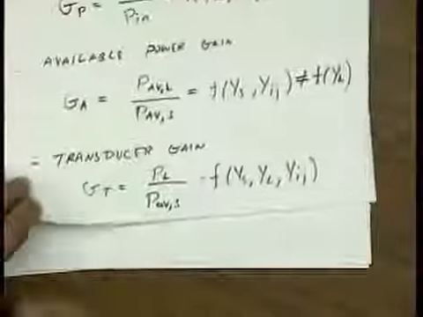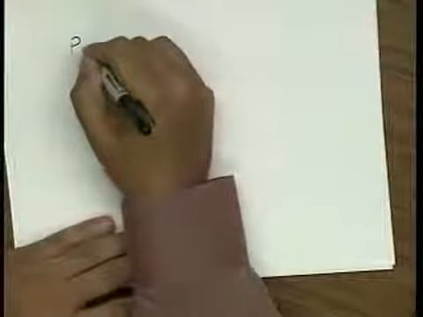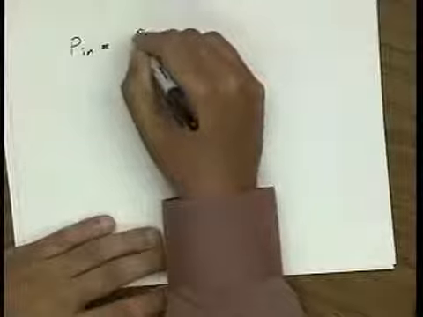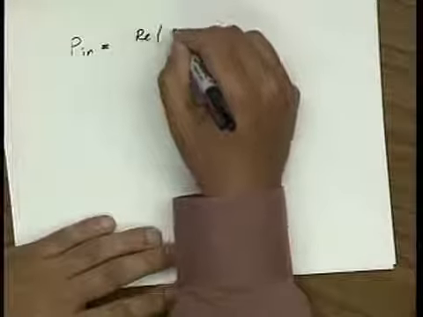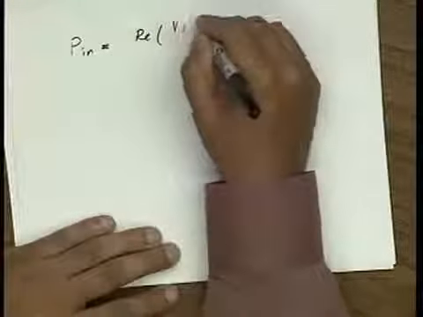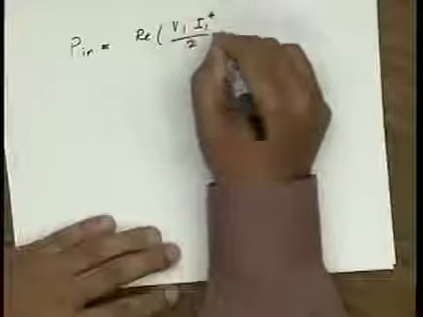Questions? Okay, now we can calculate some of these quantities in terms of y parameters. The power going into the network is simply the real part of V1 times I1 conjugate divided by 2.